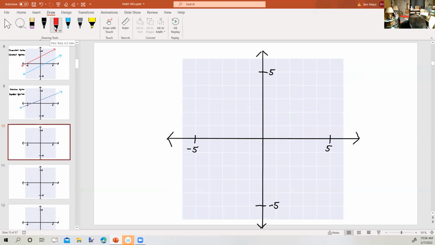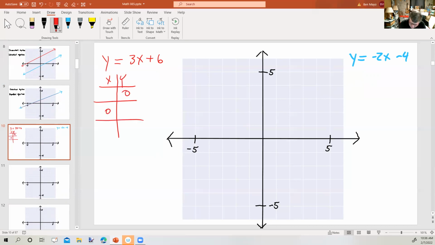Our first equation is y equals 3x plus 6. Our second equation is y equals negative 2x minus 4. So let's take a look at the red equation first. To graph it, let's find a couple of ordered pairs. So in fact, we don't have to, but we could use the x and y intercepts. So I'm going to do that for this first one.